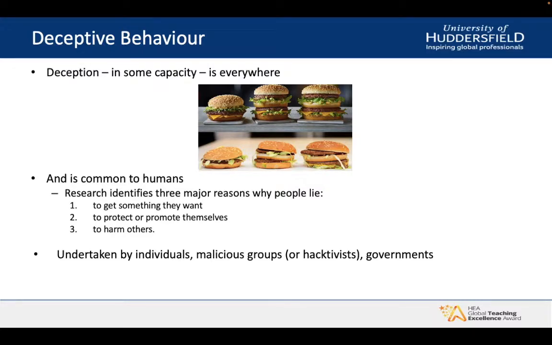The malicious group could be a group of highly capable people launching attacks for political or economic reasons, which could be of ethical consideration. The group Anonymous could fall there, and then governments, obviously state-sponsored. Cyber attacks are quite common now, and some of these are going to initiate deceptive behaviours to get into systems to perform what they want to do.